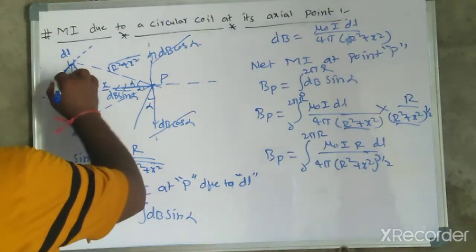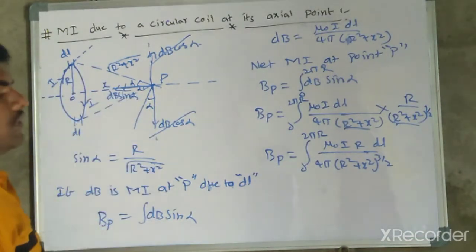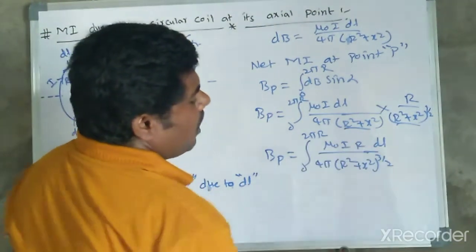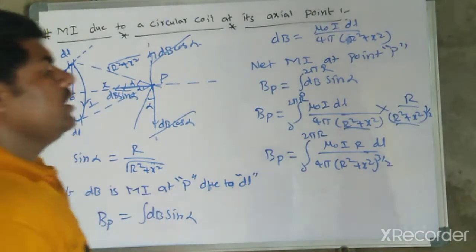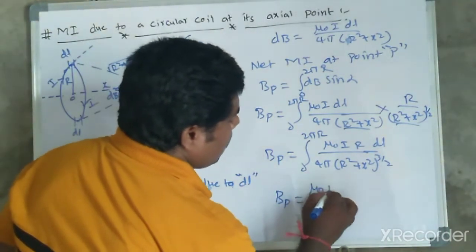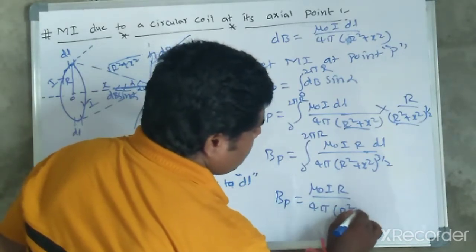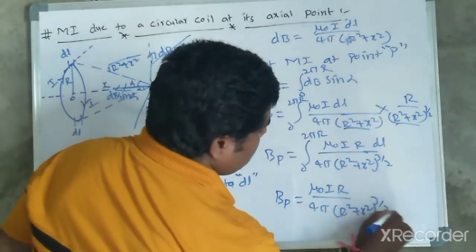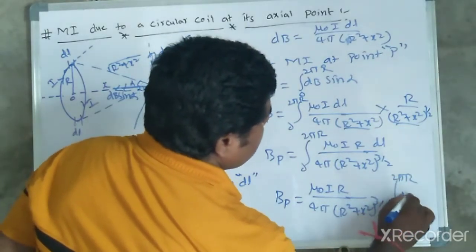Here I take this current direction as clockwise. And x is also constant. The only variable is dl. So BP is equal to, you may write the constant terms outside the integral, r square plus x square whole power 3 by 2, integral 0 to 2 pi r of dl.